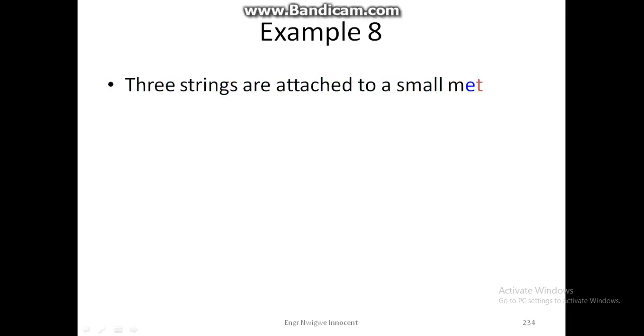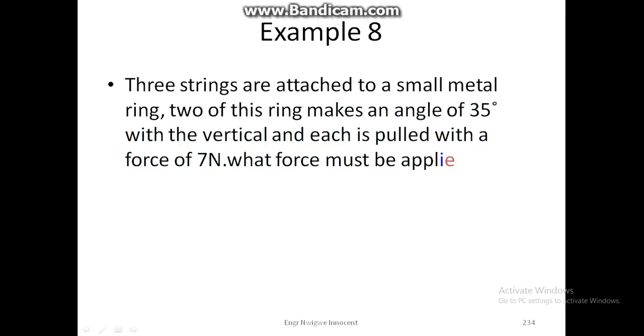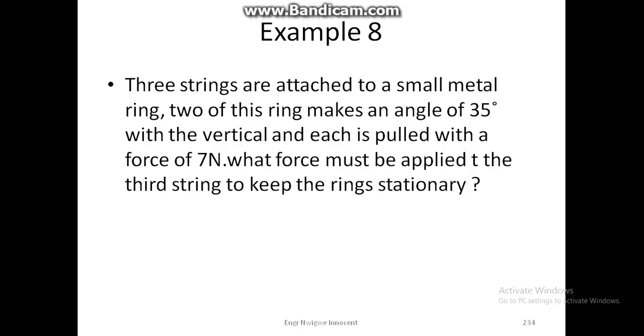Example 8. Three strings are attached to a small metal ring. Two of these strings make an angle of 35 degrees with the vertical, and each is pulled with a force of 7 Newton. What force must be applied to T, the third string, to keep the ring stationary?